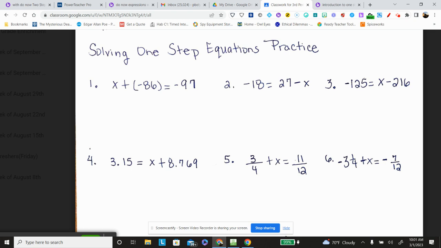Oh, is that how you do it? They're both the same, but they cancel each other out, and one's positive, one's negative. But you'll just keep the positive.